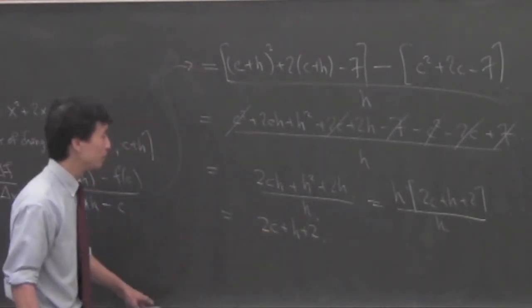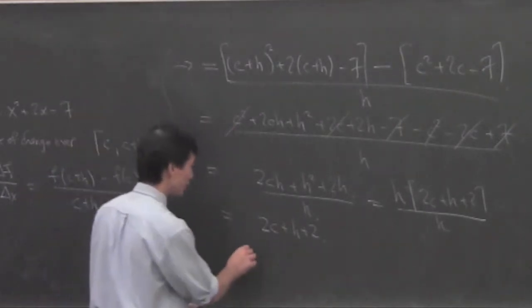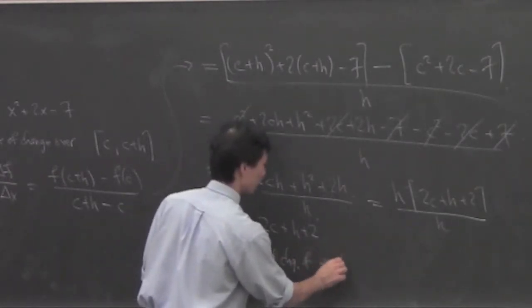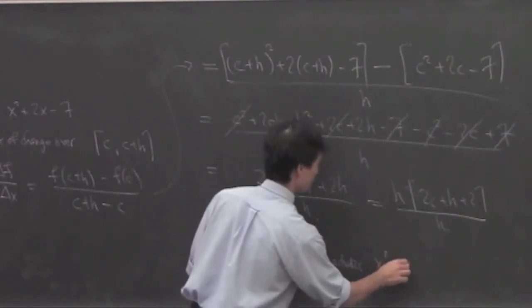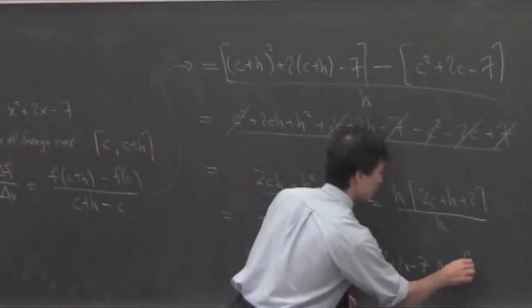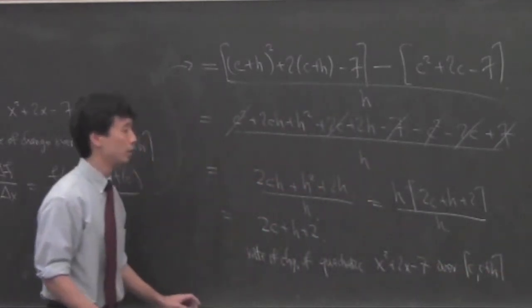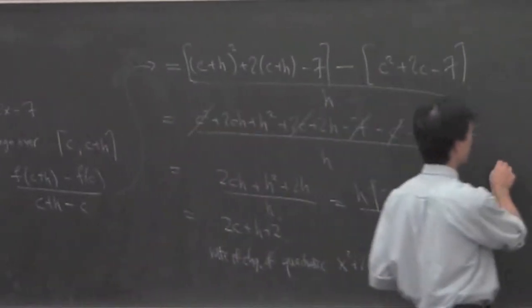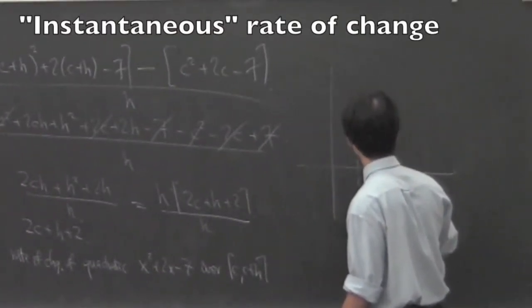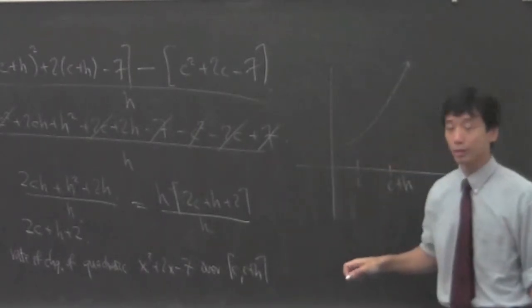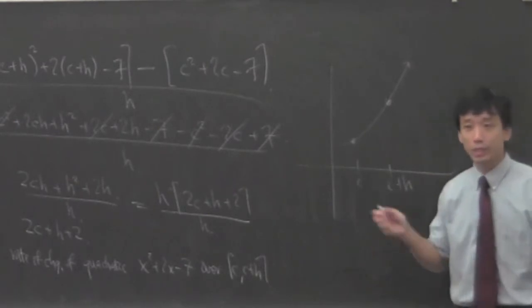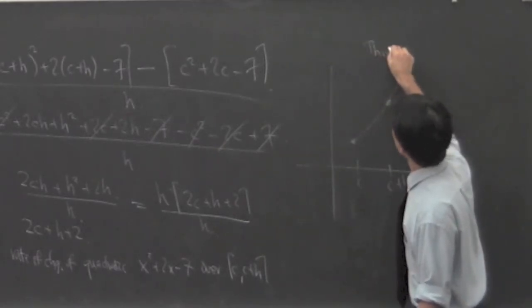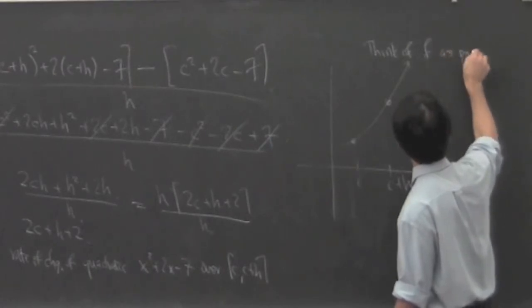So what is this? This is the rate of change of the quadratic, x squared plus 2x minus 7, over C plus H. What you're going to do in calculus is the following.